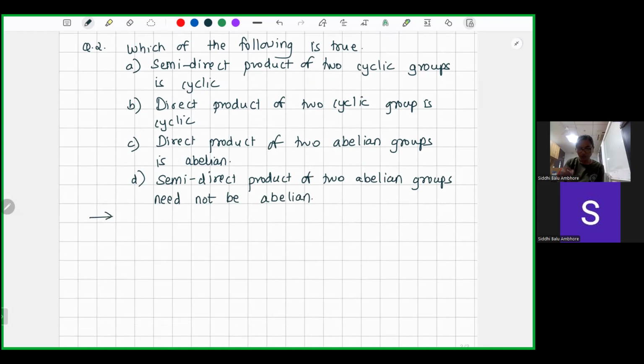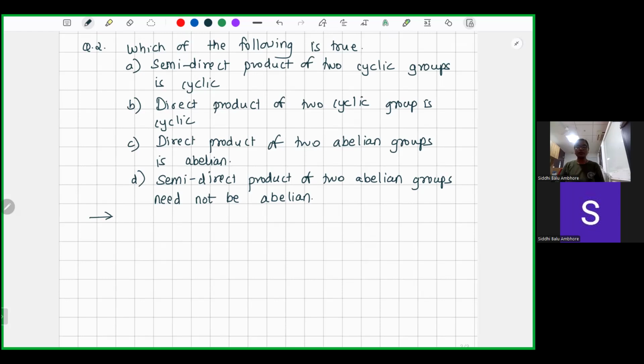If you do not know, direct products are of two types, inner direct product and direct product. In the inner direct product, we just multiply two normal subgroups in group G. And a semi-direct product is again a product of two subgroups in a group G when one of them is not a normal subgroup.